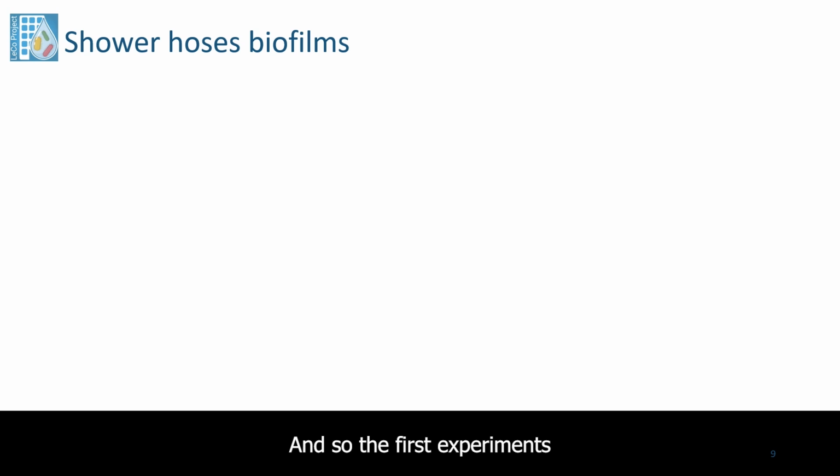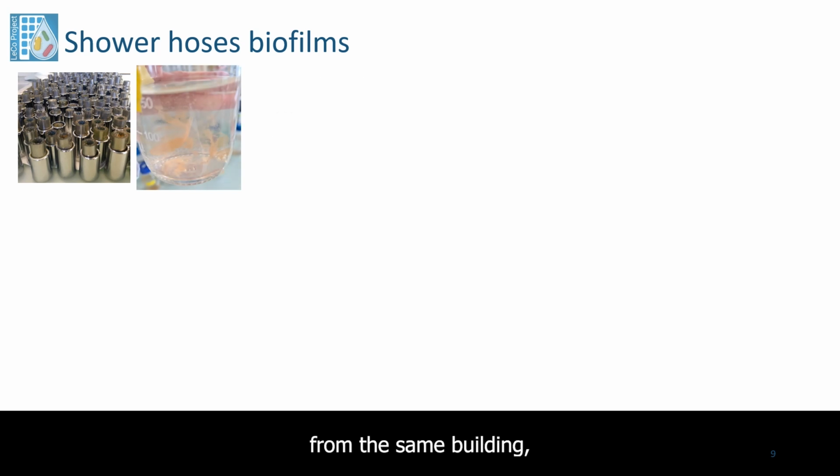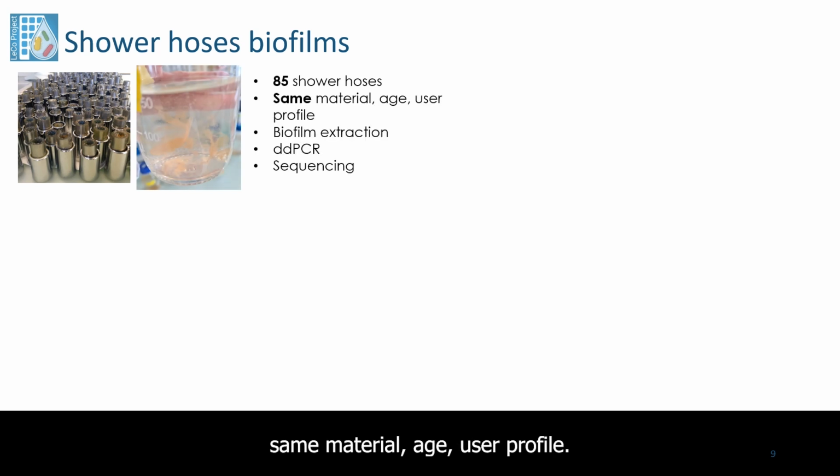The first experiments that we conducted were performed on a set of 85 shower hoses collected from the same building, same material, age, and user profile. On these shower hoses we did biofilm extraction, digital droplet PCR, and sequencing.